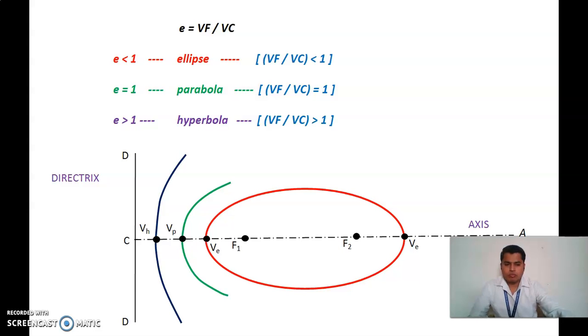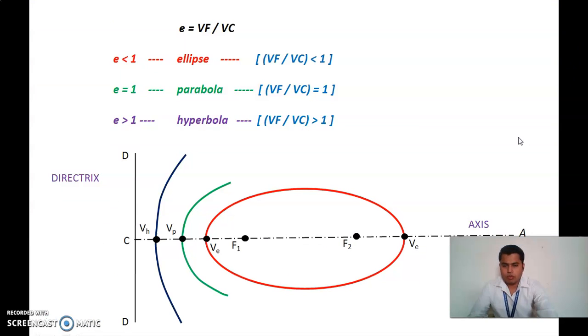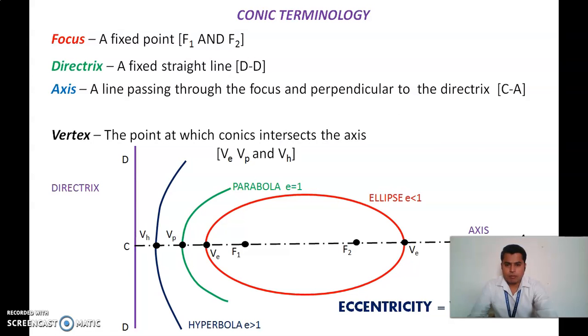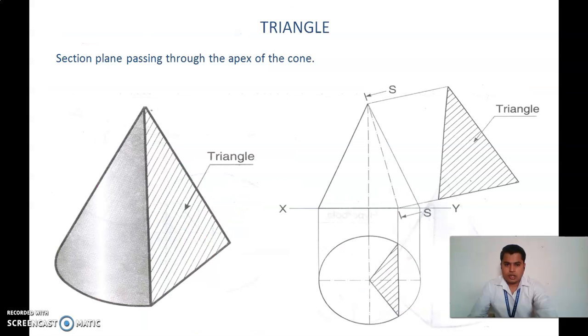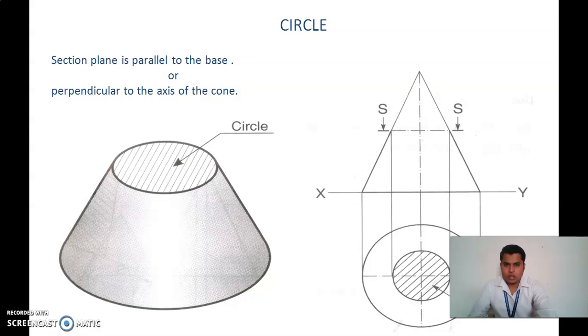Okay, so in this session we have seen up till now what the curves are and how we are getting those curves. In upcoming lectures we will try to solve some problems concerning the ellipse, and one by one we will see some problems for the parabola and hyperbola also. I will again show you all the curves, how we are getting them.